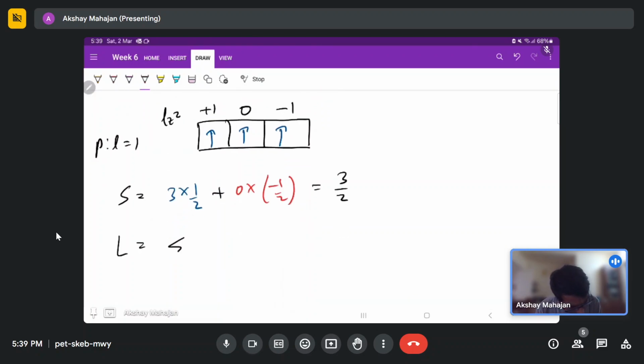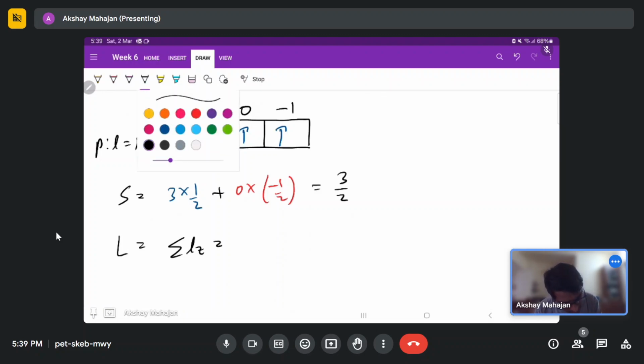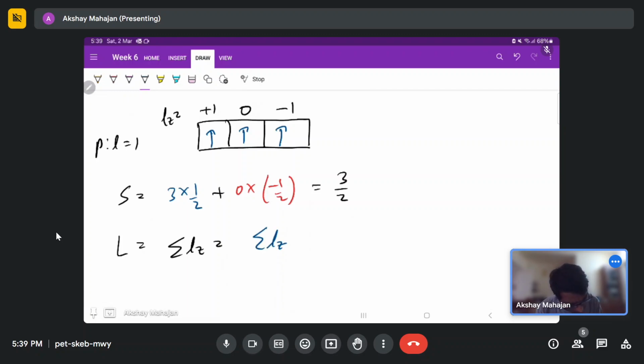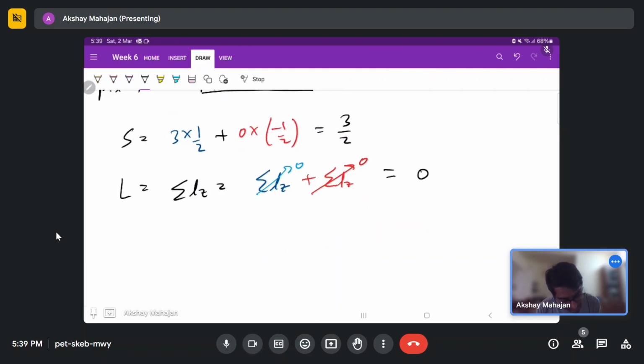Capital L will be equal to the summation of Lz. There are no spin down electrons, so that contribution is 0, and the summation of the spin up ones also comes to 0, because plus 1 and minus 1 cancel, so capital L equals 0.